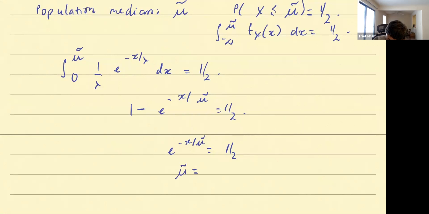What am I saying? Minus mu tilde over lambda, I apologize. So mu tilde would be the natural log of 2 times lambda.